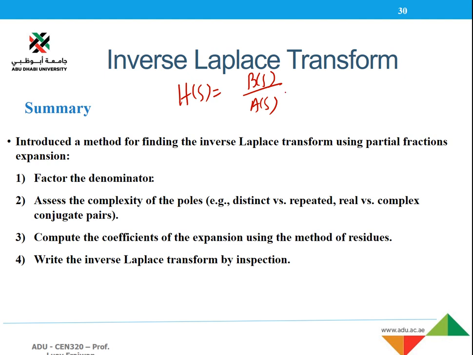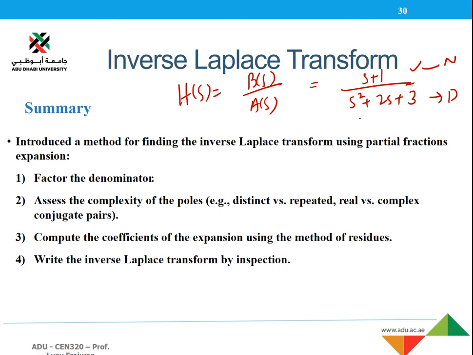For example, let's say you get a polynomial like s squared plus 2s plus 3. This is your transfer function, for example. Or say you want to get the system response and you get this output, and now you want to calculate the inverse Laplace transform.